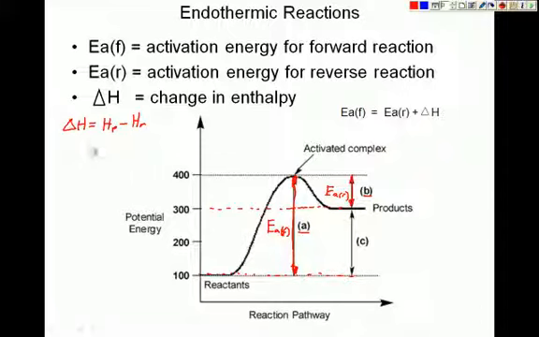So our delta H is going to equal 300, the potential energy of the products, minus 100, and therefore our delta H equals positive 200. So right here is our delta H, which equals 200, and whatever this unit is, which is probably kilojoules.